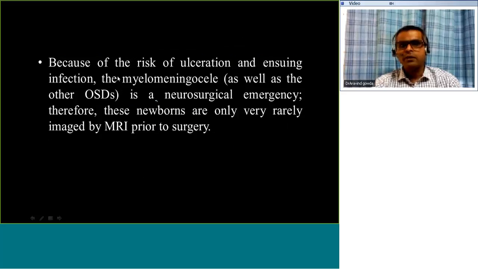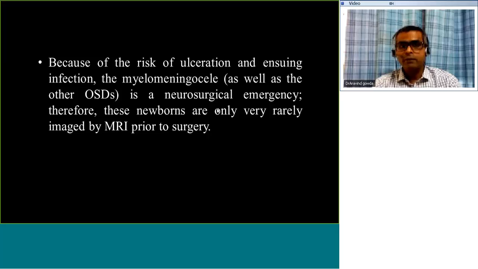Okay, because of the risk of ulceration and exposure to the exterior, there is a risk of infection. That's why myelomeningocele is a neurosurgical emergency. As such, myelomeningocele can be diagnosed clinically. Radiologically, diagnosing myelomeningocele is not very useful, but there are associated anomalies.